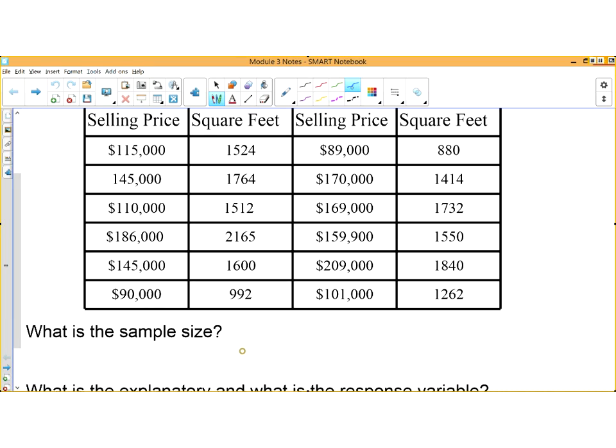So let me go ahead and get a pen here. When the sample size is here, how many houses, how many individuals were there in the sample? Even though there's 24 numbers here, that only actually represents 12 houses because each pair of numbers is one house.